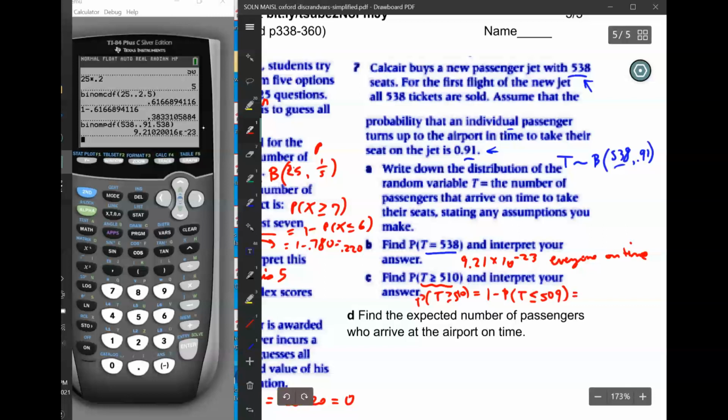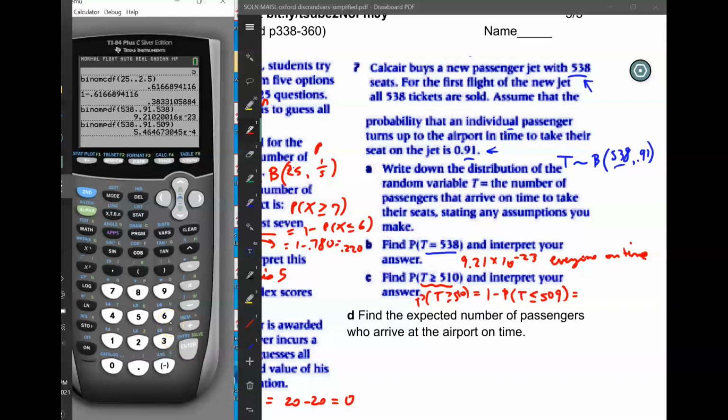And then it'll work out perfectly, right? Now that we have less than or equal to, we can use the binomial CDF function on the calculator, because the binomial CDF function figures out exactly that. It figures out less than or equal to. So I just put 509 there instead of 538. I'm sorry, I need to do binomial CDF, not binomial PDF, so I cannot just copy and paste that one. Be careful.